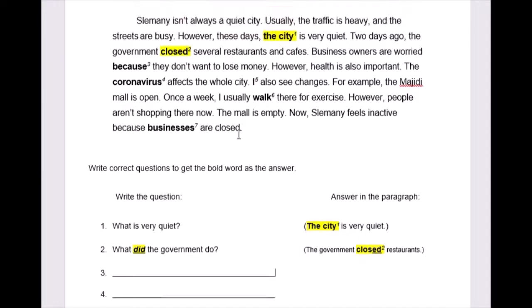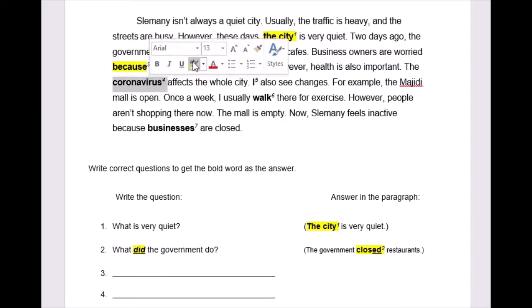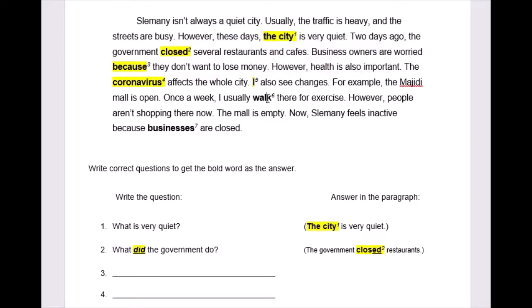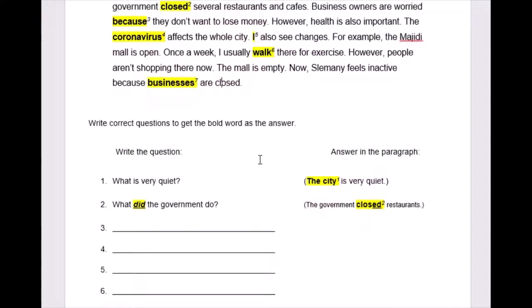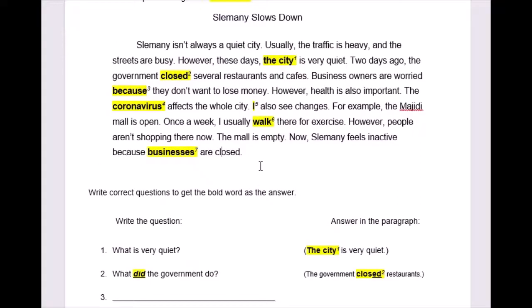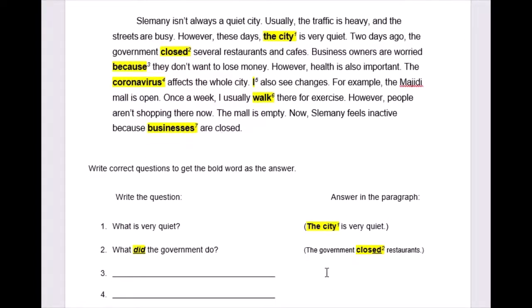So keep going, do number 3, number 4, number 5, number 6, and number 7. And I'll share the answers. You can do this in your notebook first and try your best. So copy the sentence on the right.